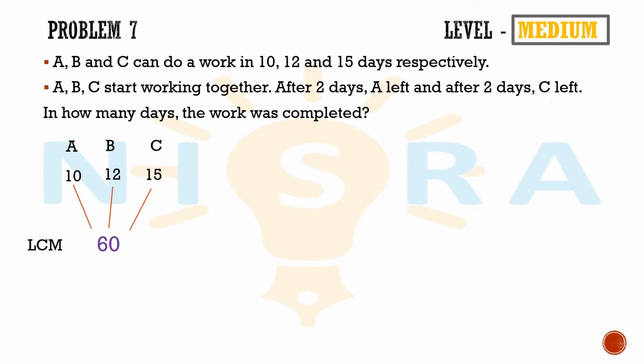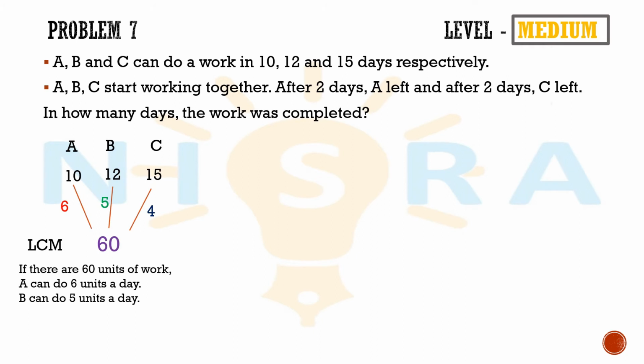Now, divide 60 by 10, you will get 6. 60 by 12, you will get 5. And 60 by 15, you will get 4. So, we have determined that if there are 60 units of work, A can do 6 units a day, B can do 5 units a day, and C can do 4 units a day.